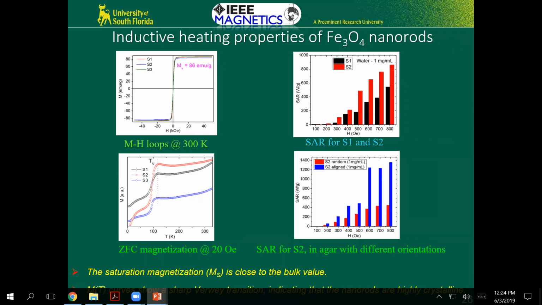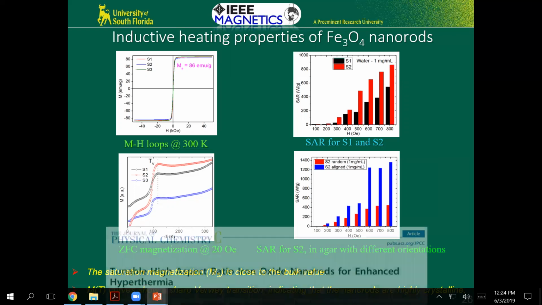And because it's a first order phase transition, there's a signature in the magnetization, you see a change. Here's your Verwey transition for these nanorods. If you make particles of lesser quality, you will never see the Verwey transition. So this is a good quality check. If you're making magnetite nanoparticles, look for the Verwey transition. If you find this, it's likely that you have very good, highly single crystalline particles, and that's what is needed for the applications. Okay, so what else can I tell you?